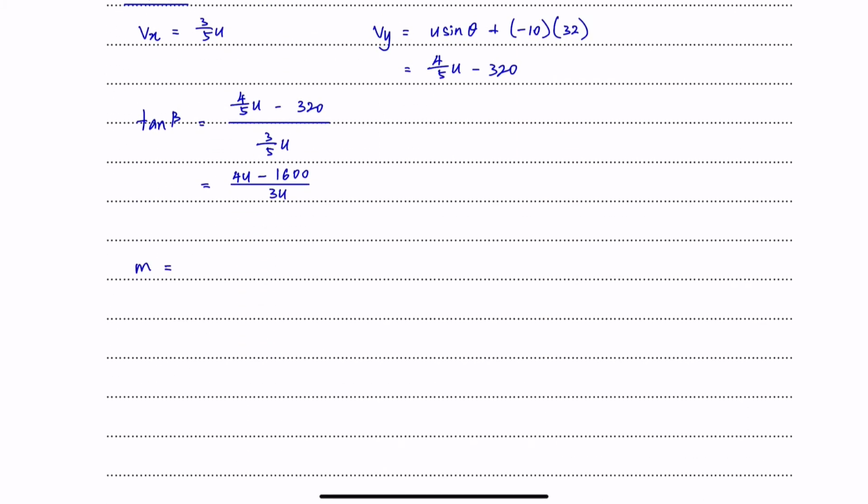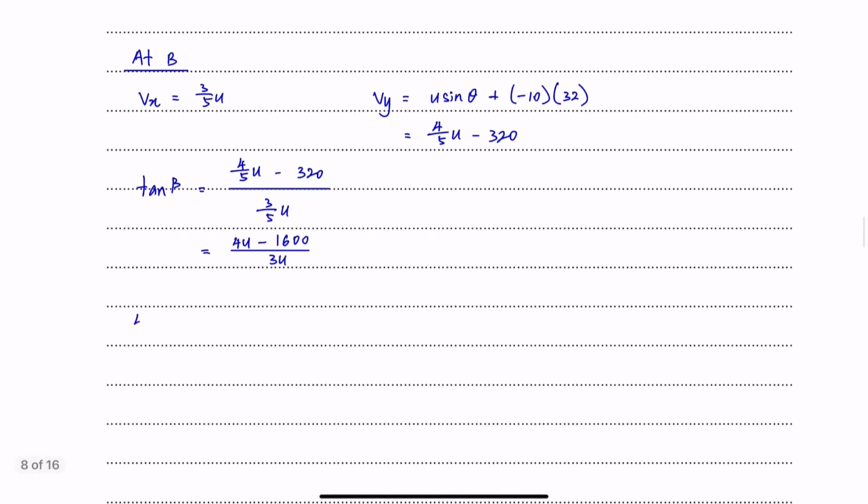Because m would be tangent of the angle, right? And when the gradients are perpendicular to each other, we have m1 times m2 equals negative 1. So the same goes for this case. Tan alpha and tan beta, we can treat as the gradient of the direction of motion. So tan alpha times tan beta would give us negative 1.